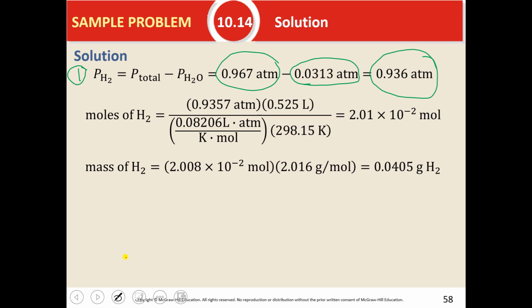So once we have found the partial pressure of hydrogen gas in our little vessel, the next thing we can do is use the ideal gas law to find the number of moles of hydrogen gas. So again, that's taking PV equals nRT, solving for n.